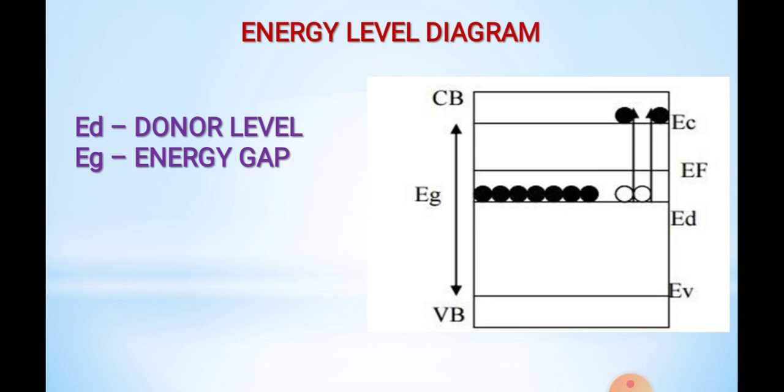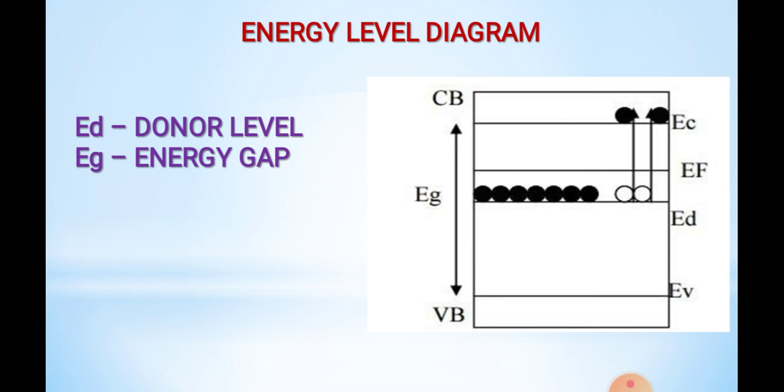So this is the energy level diagram for the N-type semiconductor. From the donor level, for example, when one electron moves, it will move to the conduction band. When an electron moves from the donor level to the conduction band, one hole will be created in this donor level. So in the ED level we have an empty dot, and that empty dot is called a hole.